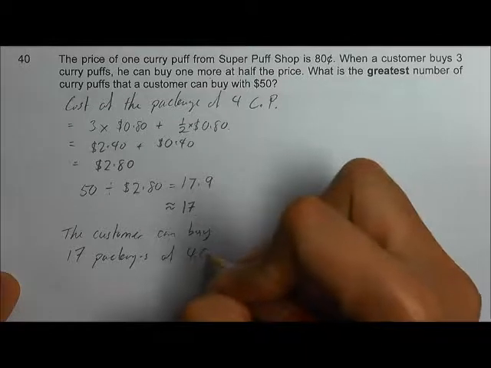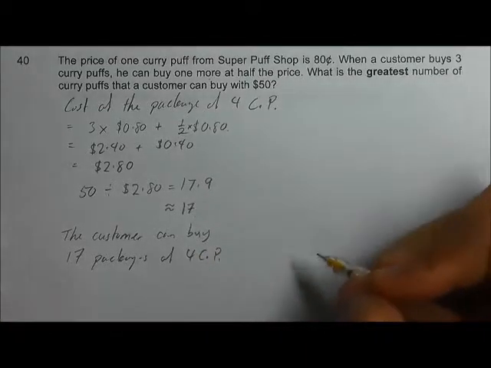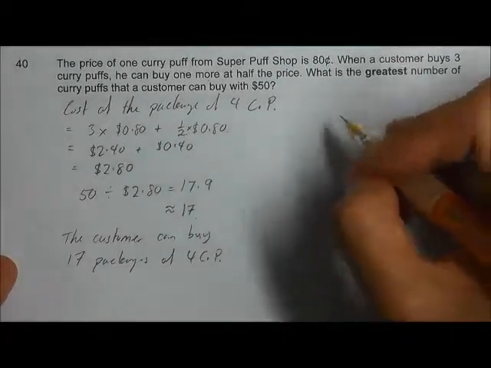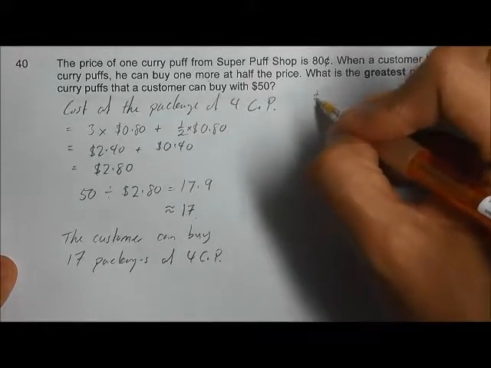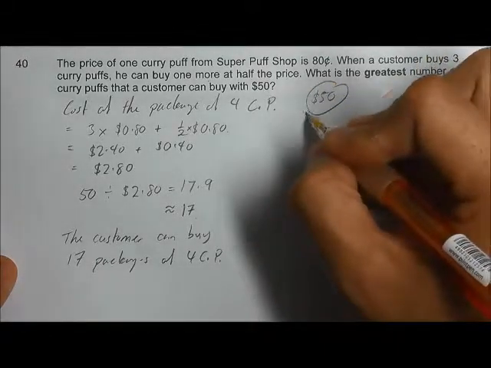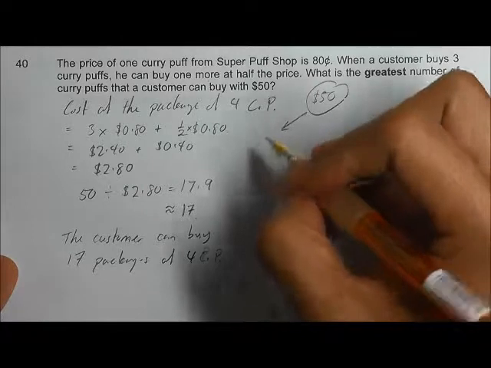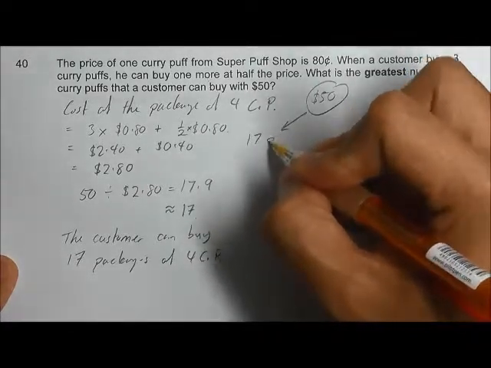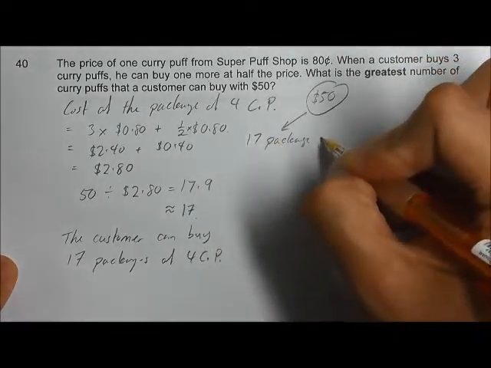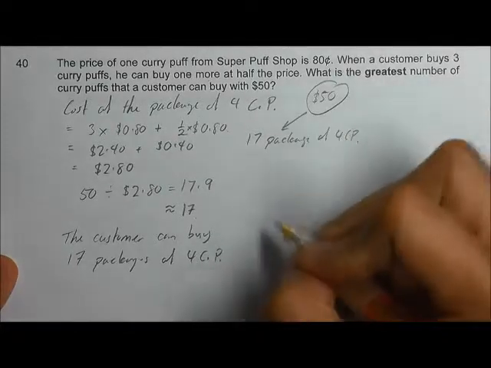Okay, so now let's look at how he spent his $50. Okay, $50 he can buy 17 packages of 4 curry puffs.